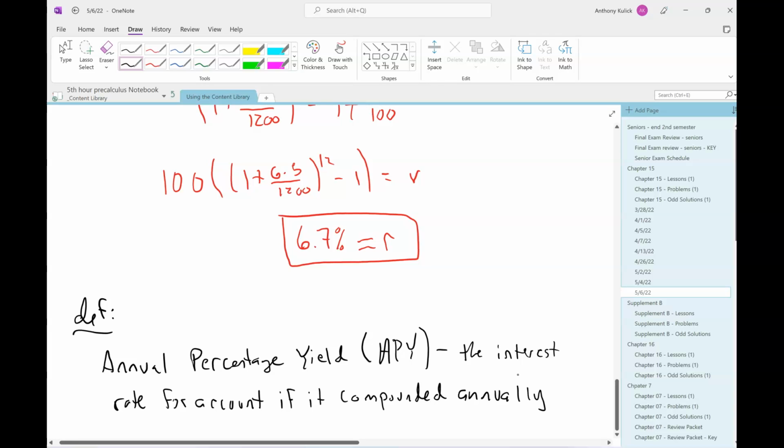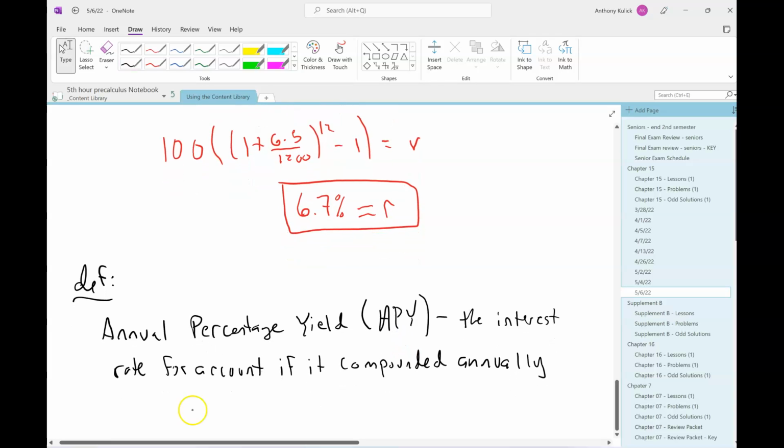So we're doing the exact same process that we did before, but I'm going to formulaize it, like turn it into a formula. So if we look before, we have 100 times (1 + R/100K)^K minus 1.